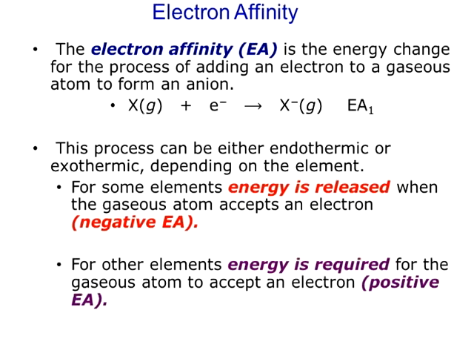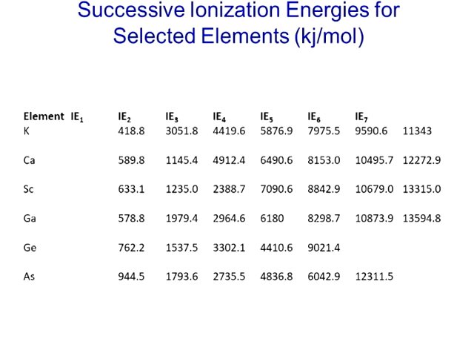In other words, the basic definitions of endothermic and exothermic apply here. Energy on the right side of the equation is exothermic, on the left side is endothermic. Negative is exothermic, meaning it's released. Positive is endothermic, meaning it is absorbed.